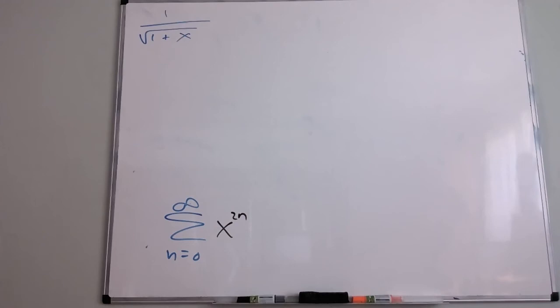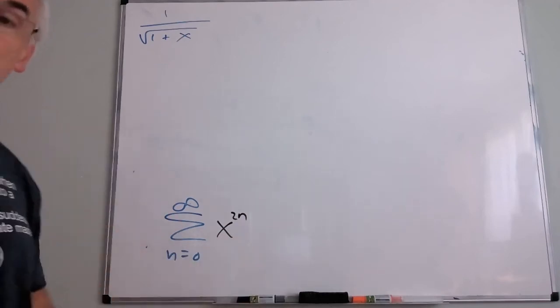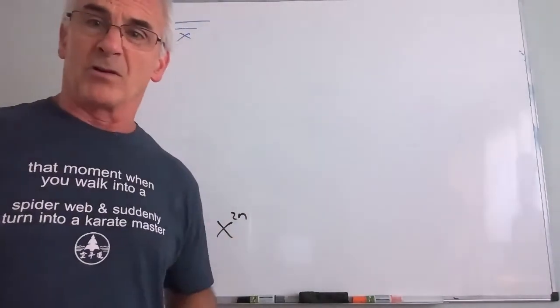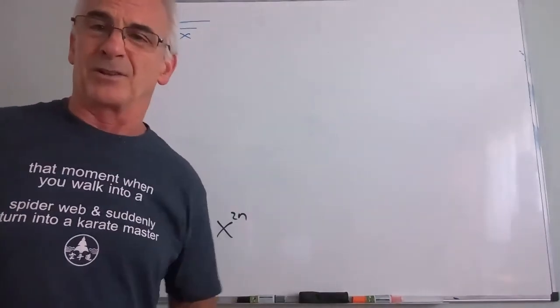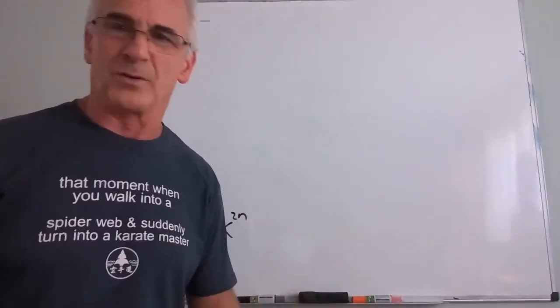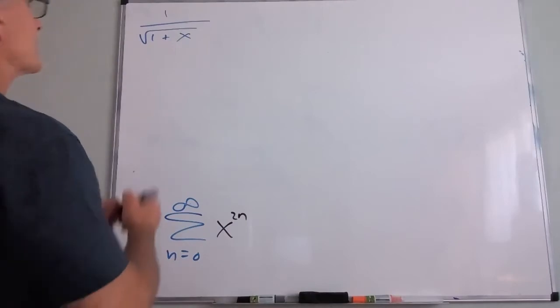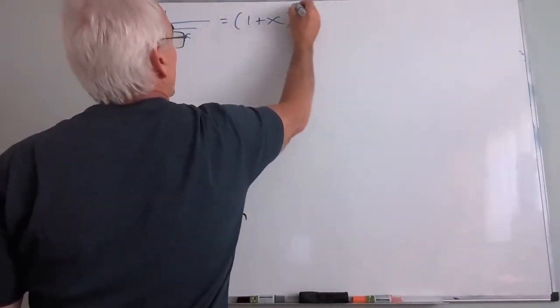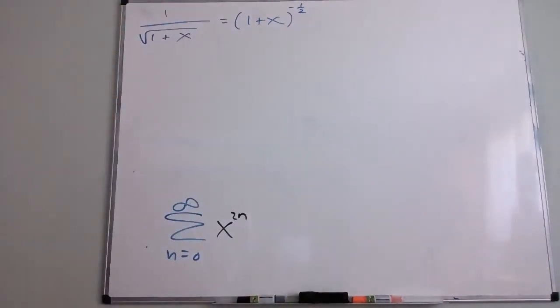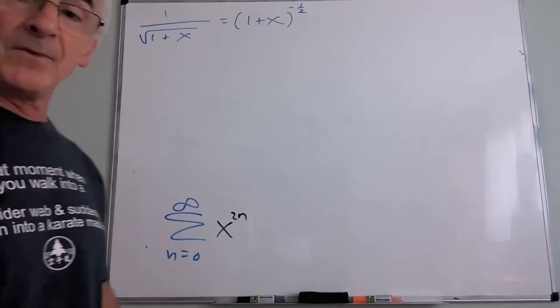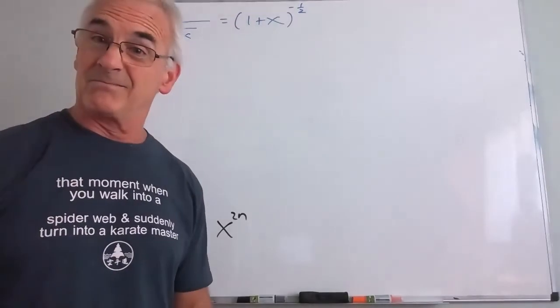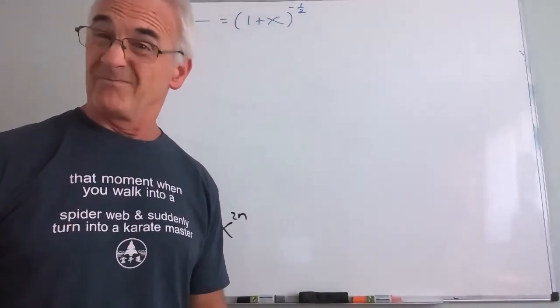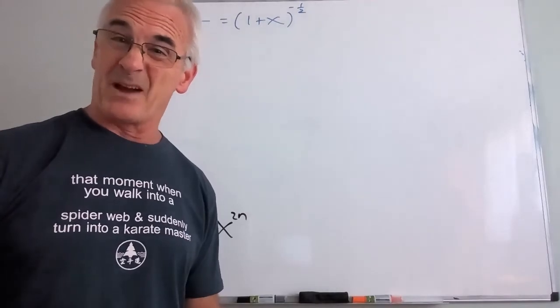That just means I take a series of derivatives and I evaluate them and so on. But that would be gnarly because the derivatives just get uglier and uglier, and I got all these fractional exponents and awful coefficients. So how about if I write this as 1 plus x to the negative 1/2 power? So k is negative 1/2, which is going to make everything just a little bit uglier. Would you agree? Those k's that were on top now are going to be fractions.